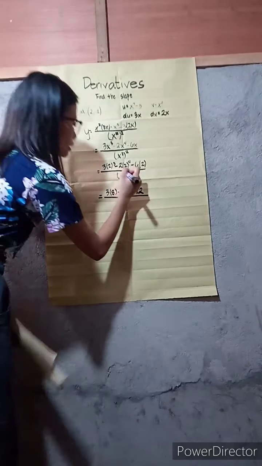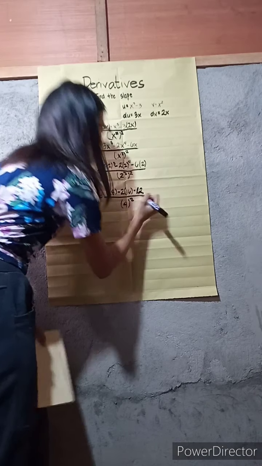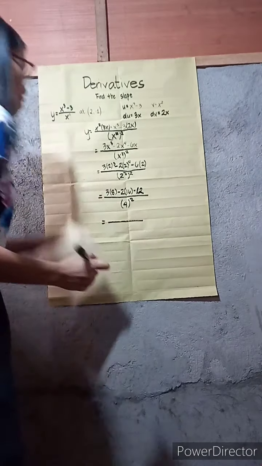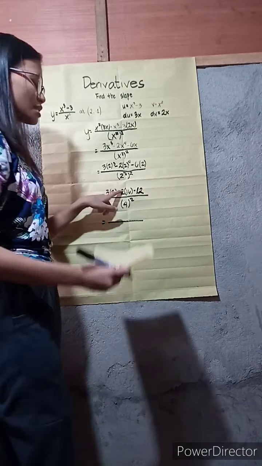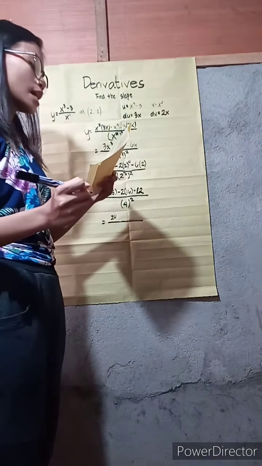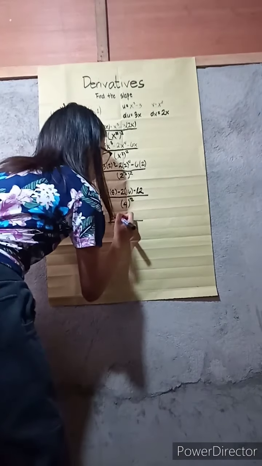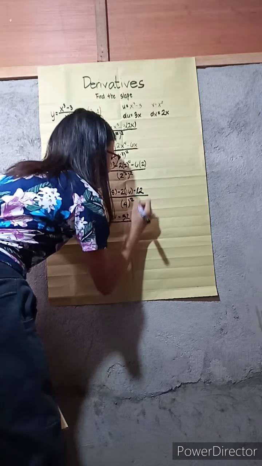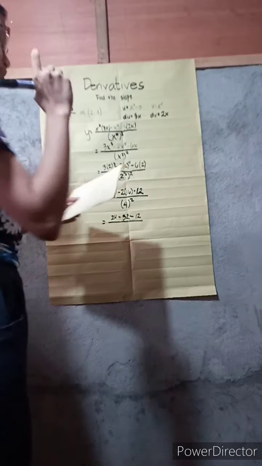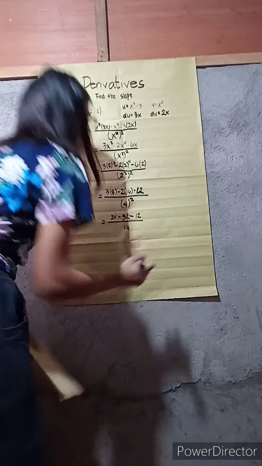Then over 2 squared is equal to 4 raised to the power of 2. So 3 times 8 is equal to 24. And negative 2 times 16 equals negative 32. So minus 12 over 4 raised to the power of 2, or 4 times 4 is equal to 16.